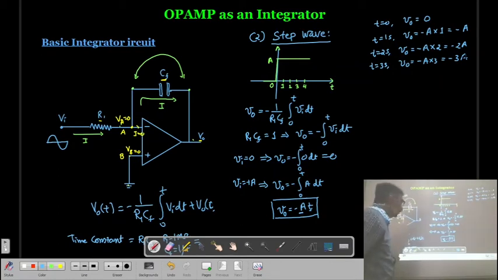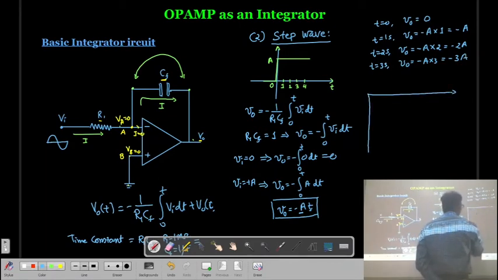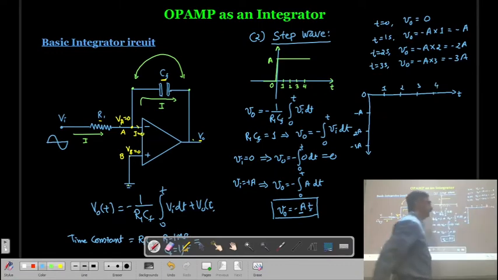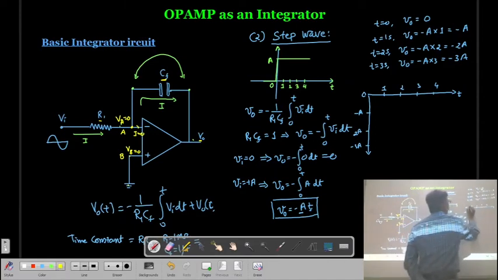So, now if we draw, what will be the waveform? This is time t, this is amplitude. Let us say minus A is there, minus 2A, minus 3A. Here we have t equal to 1 second, t equal to 2 seconds, 3 seconds and 4 seconds. So if you see, for t equal to 0, output voltage is 0.